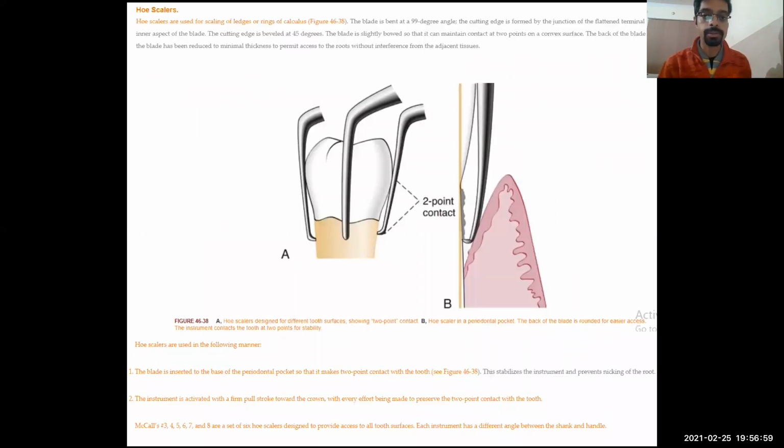Now coming on to the hoe scaler. What is a hoe scaler? Hoe scaler is a kind of angled chisel. It is used to remove the tenacious rings of calculus. Basically we have to remember a very important point, that it works on a 2-point contact. One point is the contact which is beneath the calculus.